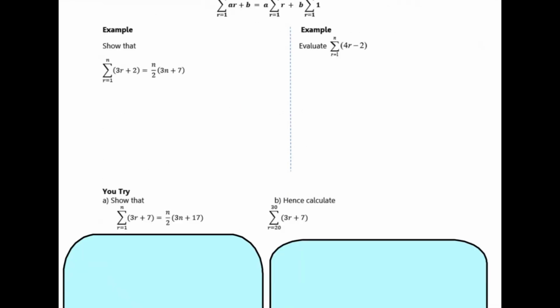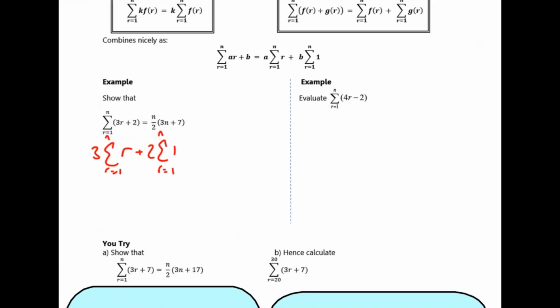So, for example, this first one here, I can split this sum of 3r plus 2 up into 3 times the sum of r, taking that 3 up to the front, plus 2 times the sum of 1. The sum of 1 we haven't mentioned really, but if you think about it, the sum from 1 up to n of just 1 is 1 plus 1 plus 1 plus 1, n times.